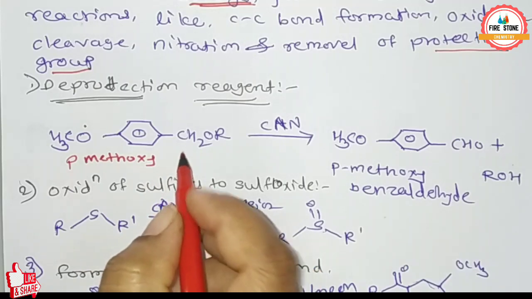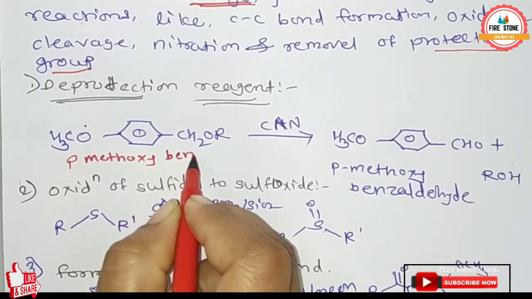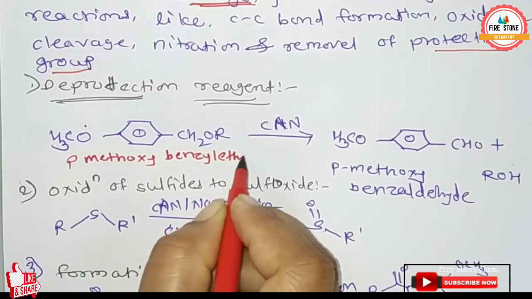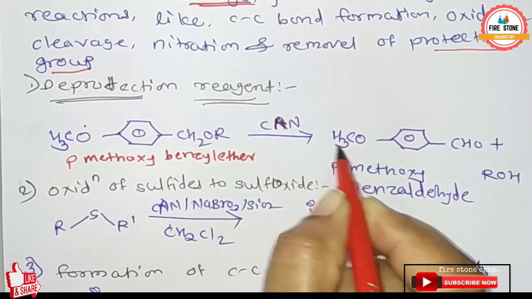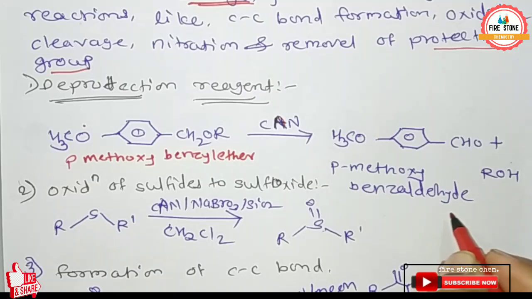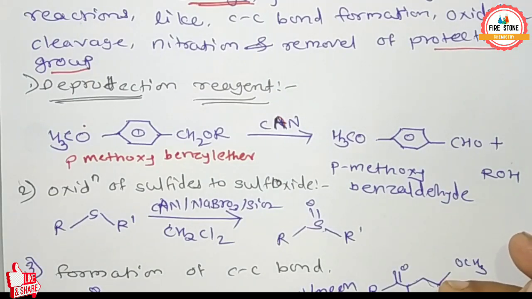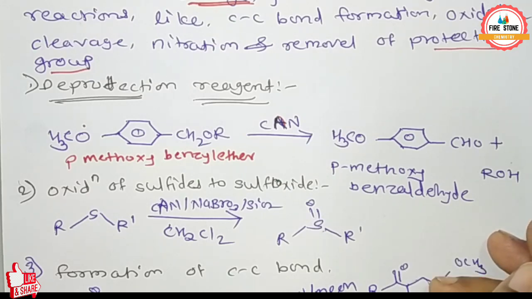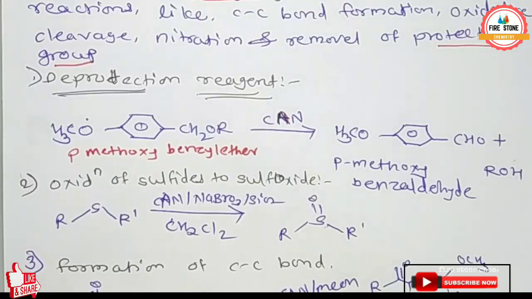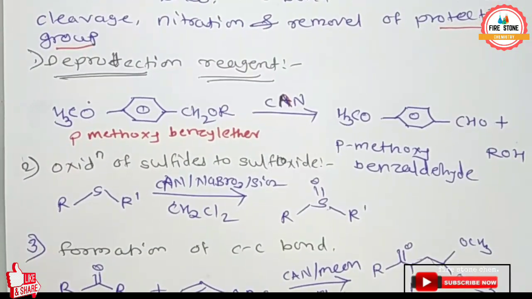Para-methoxybenzyl ether in presence of CAN gives para-methoxybenzaldehyde as a product. So here deprotection is done.